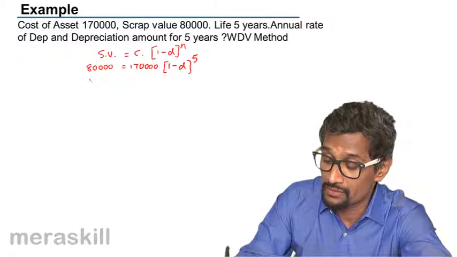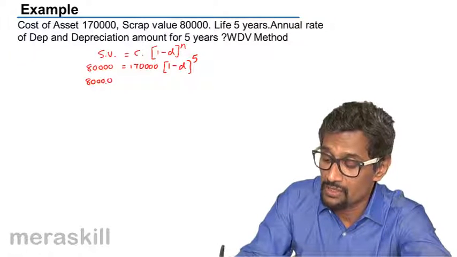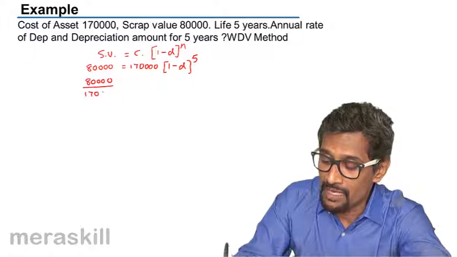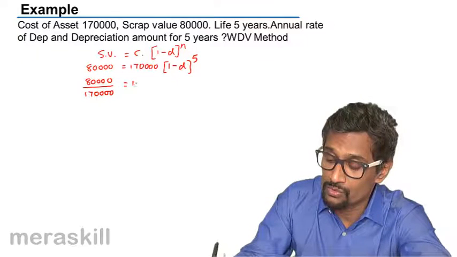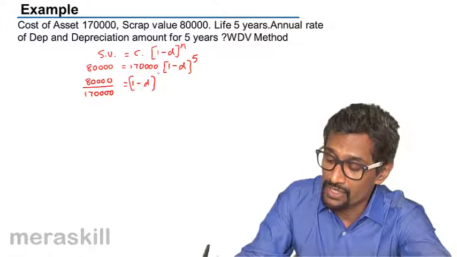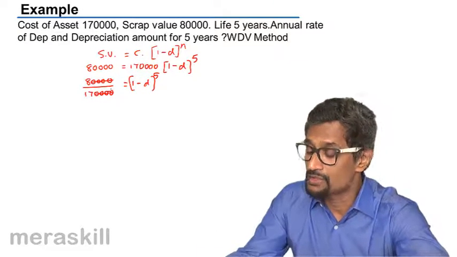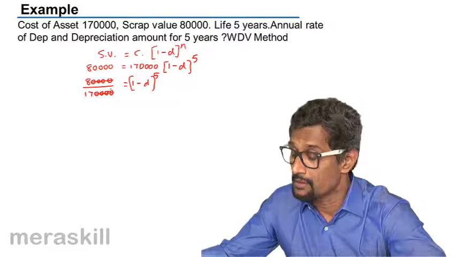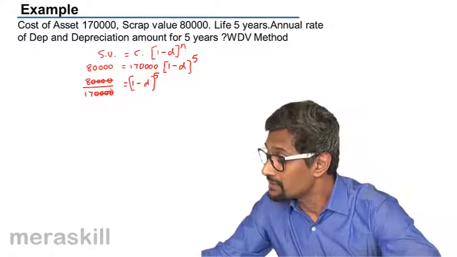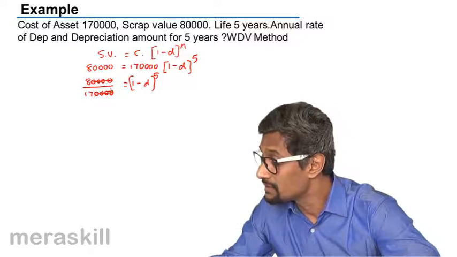So eventually this is going to be 80,000 divided by 1,70,000 is equal to 1 minus D raised to 5. So it's going to be 8 upon 17. So 8 divided by 17.